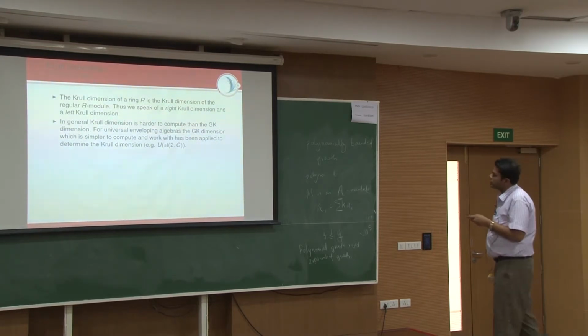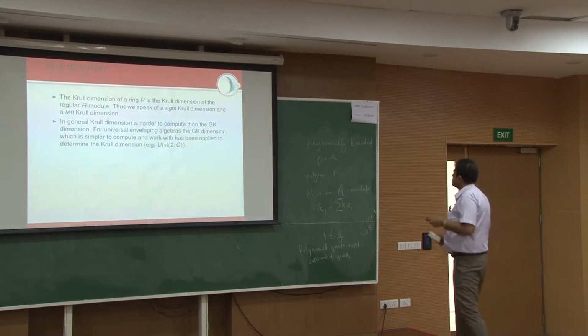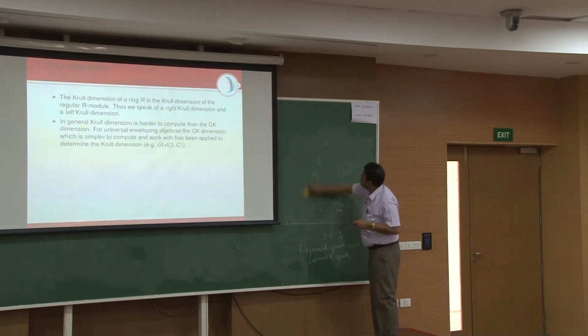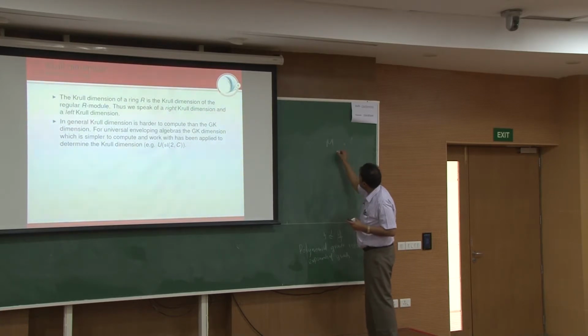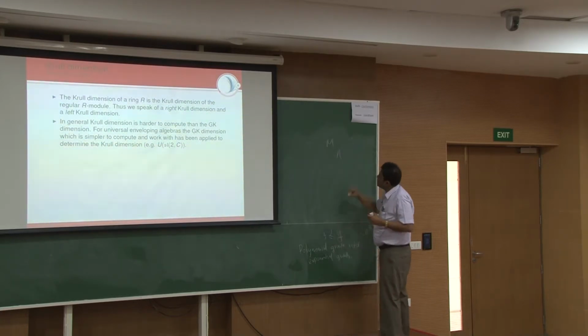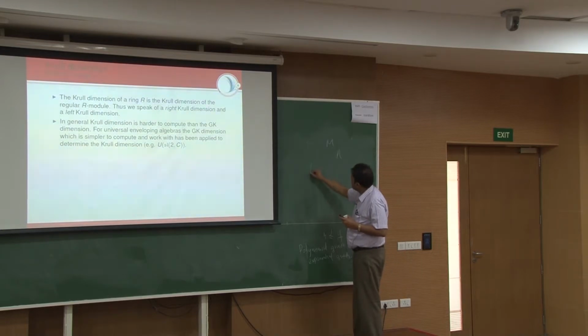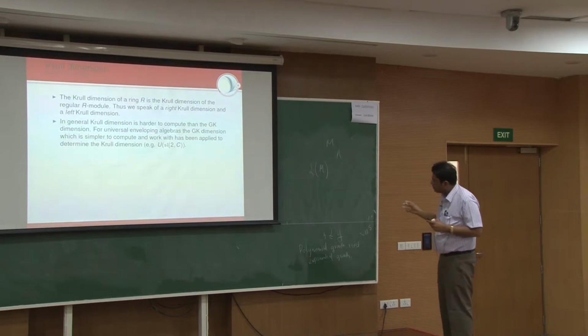The Krull dimension is defined for a module over an algebra A. Let's say M is an A module. It's defined on the lattice of submodules of M, and it measures the deviation of that lattice.